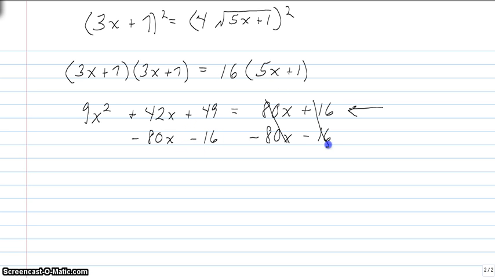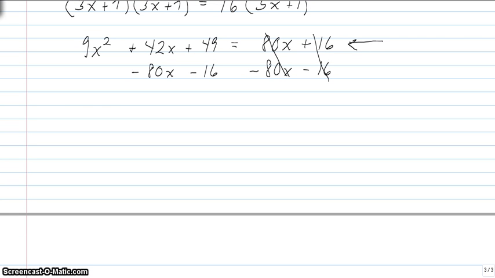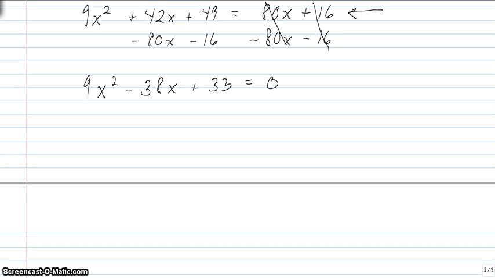These go away, and that leaves me with 9x squared minus 38x plus 33 equal to 0.